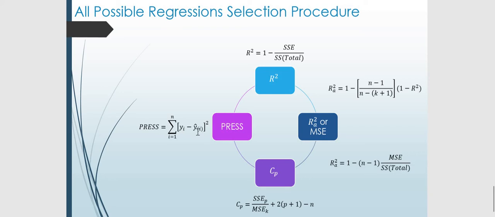Once your model is fit, you get your parameter estimates, then use them to predict the first data point that you just excluded. Then for i equals 2, you redo the same thing: you fit the model using n minus 1 data points, taking out the second one, get your parameter estimates, and predict the second data point using that result.